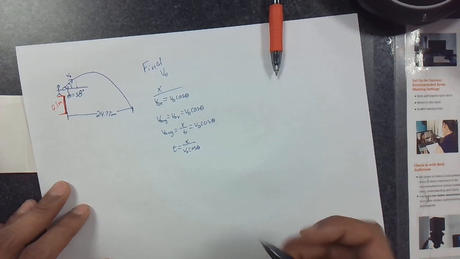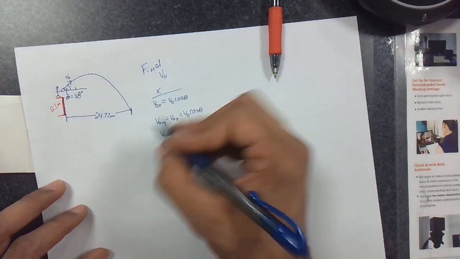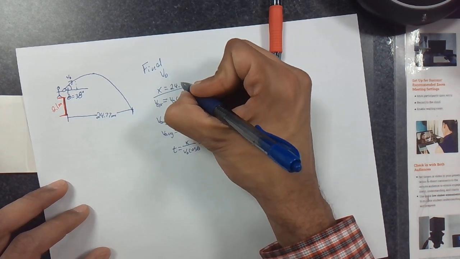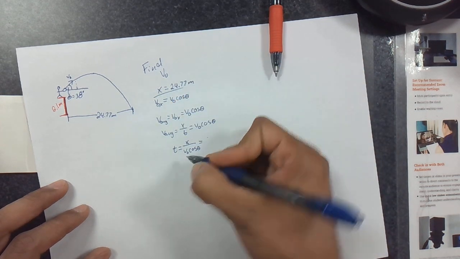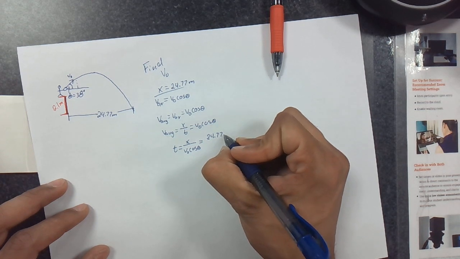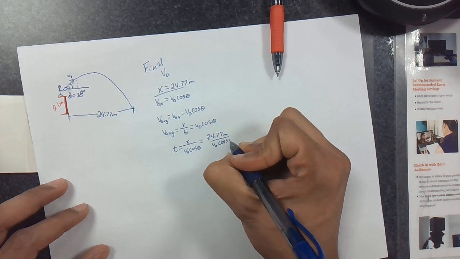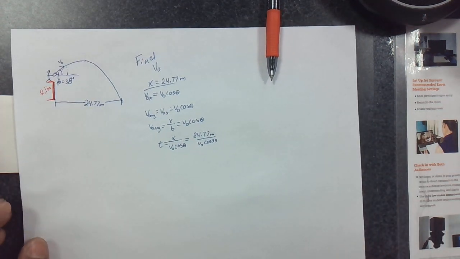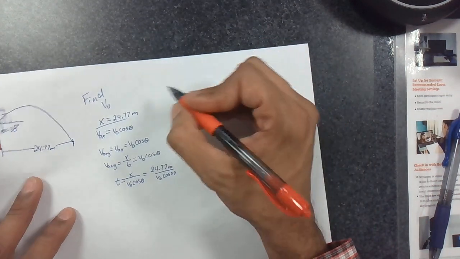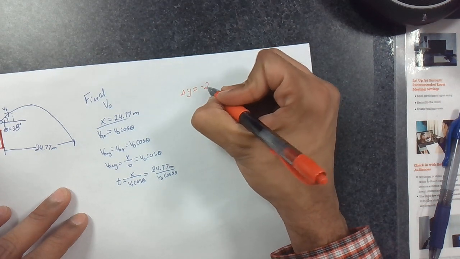All right, we can just plug in our theta for that, and we can plug in our x value. Remember, we have the distance, x equals 24.77 meters. So we get 24.77 meters over v naught cosine 38. All right, and then we can also write our y direction. Delta y equals minus 2.1 meters.